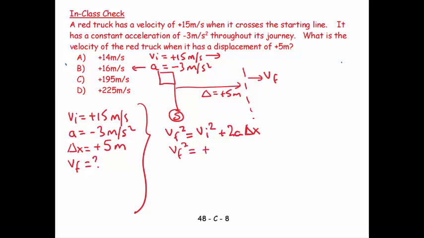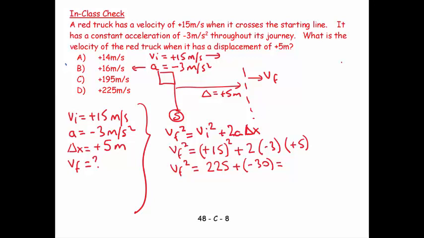is equal to VI squared, 15 squared, plus 2 times minus 3 times plus 5. So VF squared is equal to, that's going to be 150 plus 75 is going to be 225. 225 plus 5 3s are 15, 2 15s are 30, minus 30, which equals 195.